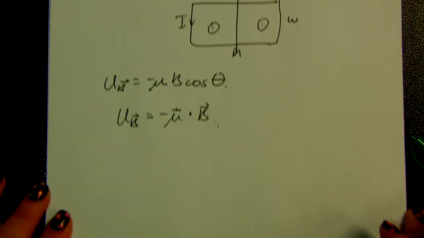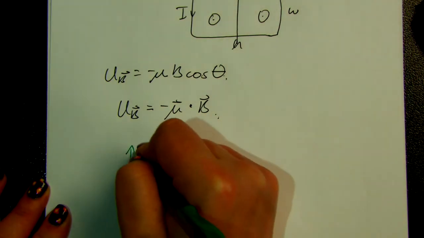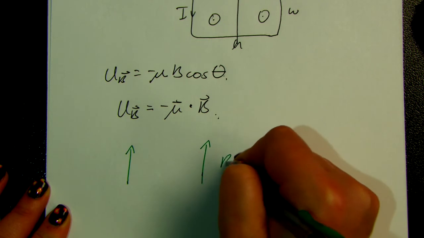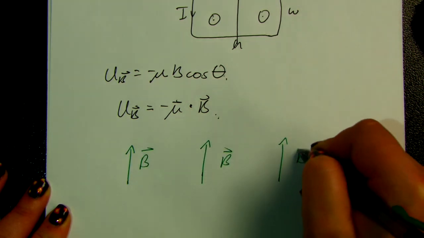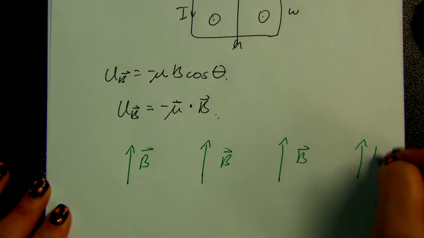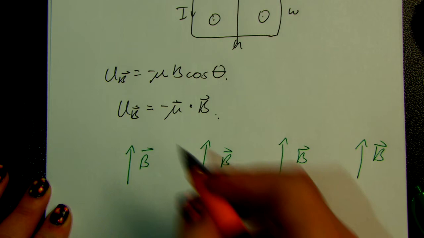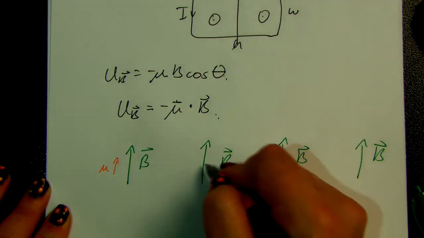All right, so moving along. Now let's say we've got some magnetic fields, and they're all pointing up. And we've got some different magnetic dipole moments. For this one, mu is going in the same direction.